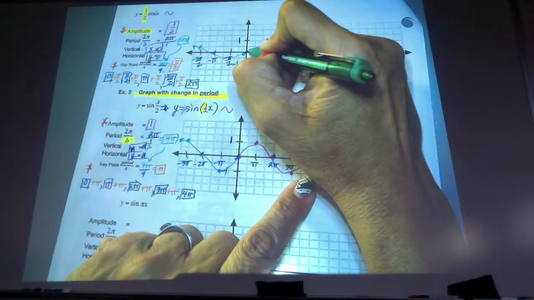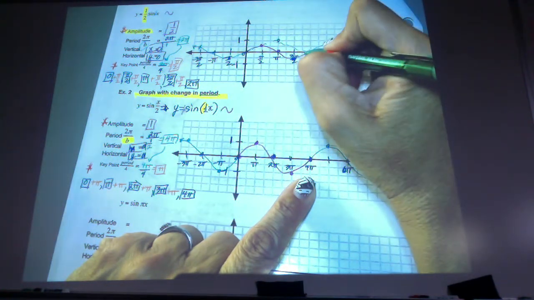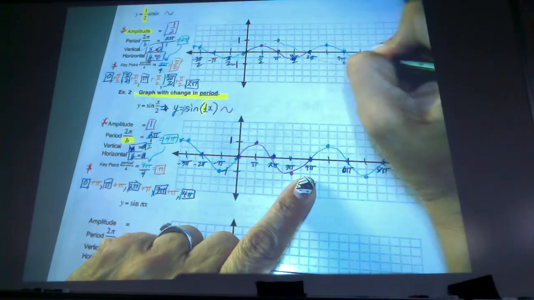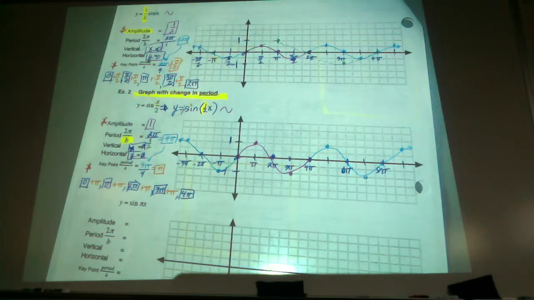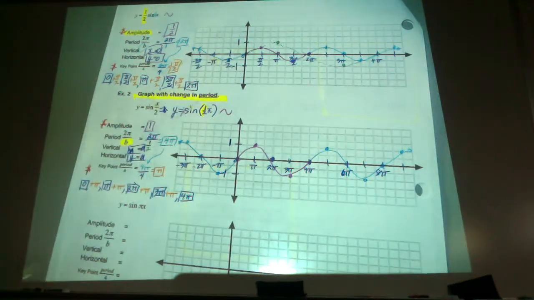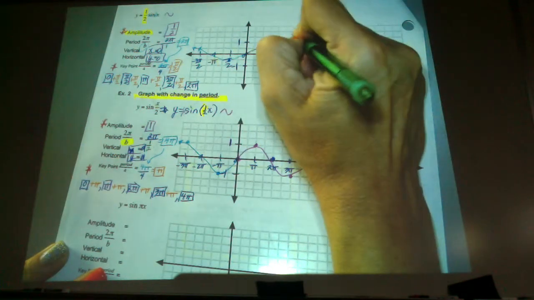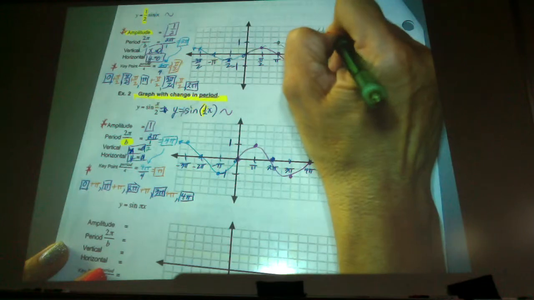So really, on the same scale, this is one period right here. So that right there is one period versus that one. And then this one is y equals the sine of 1/2 x.